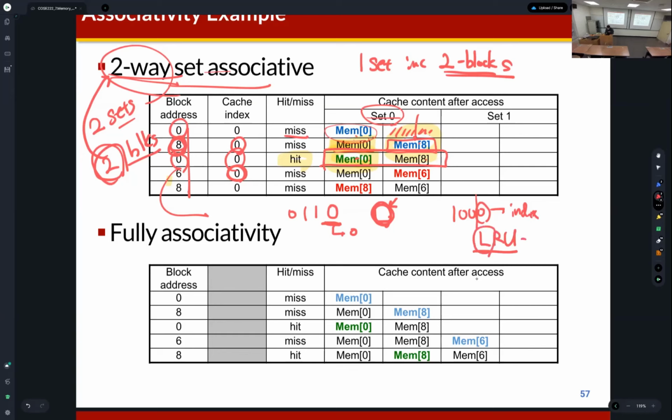LRU means least recently used. So the least recently used block is evicted from the cache. In this example, which block is least recently used?